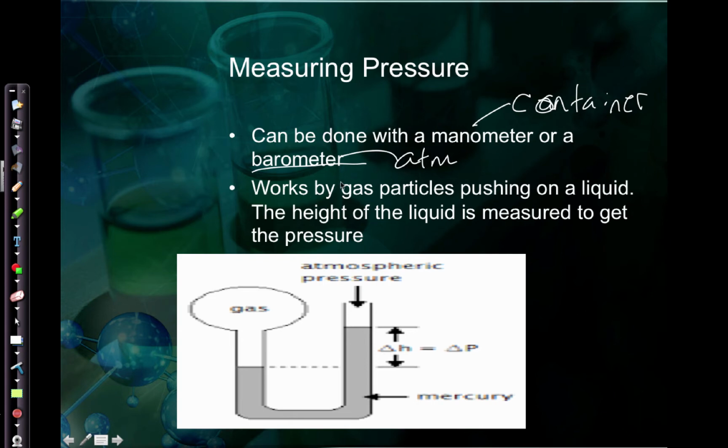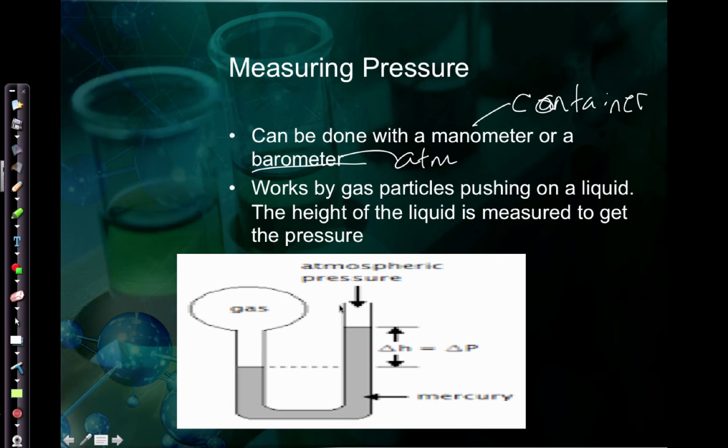So the way this works usually is that you have some sort of U-tube with some sort of liquid. It used to be mercury. It's not made with mercury anymore, but you have some sort of tube, and if you're going to measure the inside of a container, you're going to have the gas inside of some container. It's going to be attached to some tube with a liquid. And you're going to have two competing gases. You're going to have the gas inside the container, and then you're also going to have the atmospheric pressure.